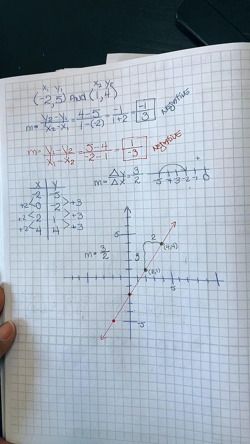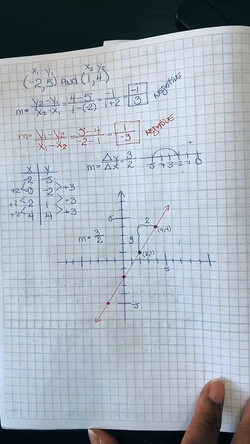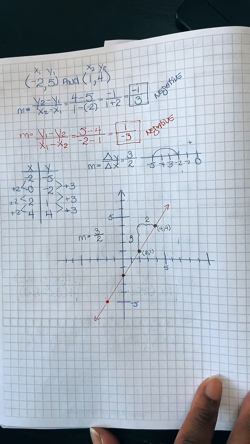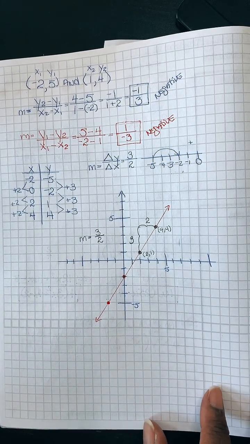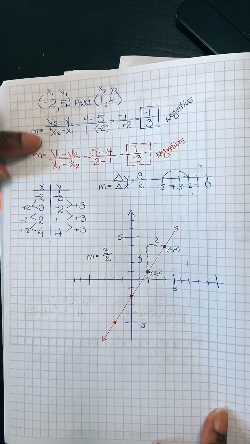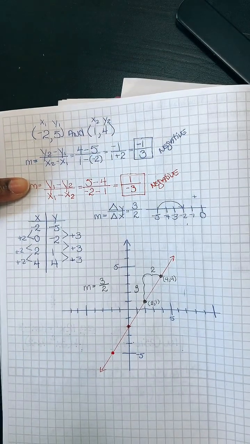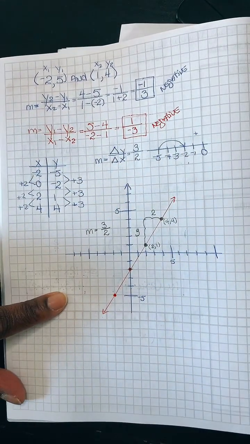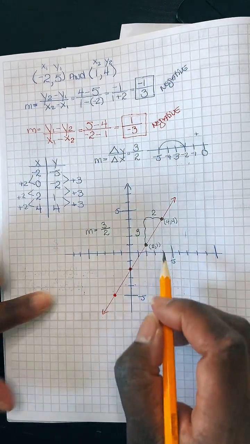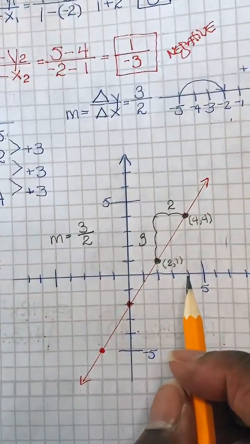All right. When we're looking at slope, we have it algebraically, which is what we did up here, and we have it graphically, which we just did right here, which I'll repeat. Let me zoom in quite a bit.